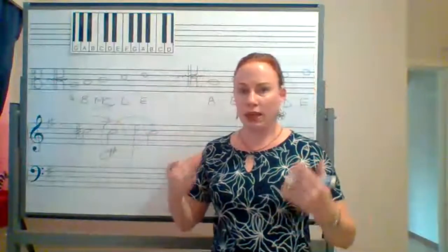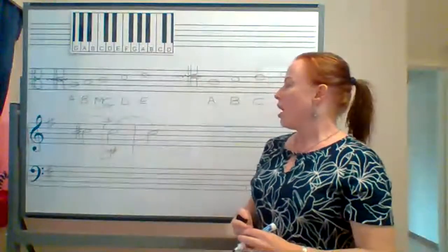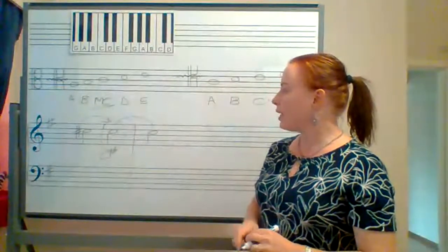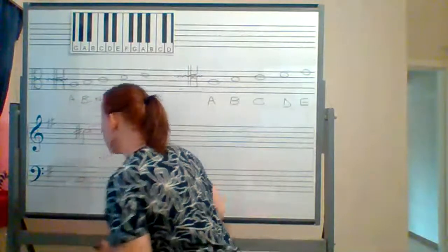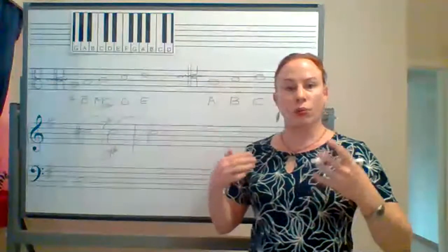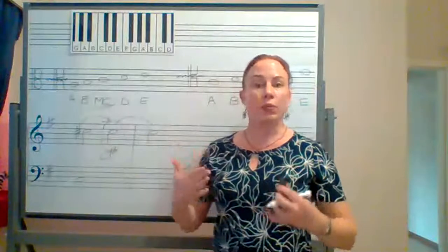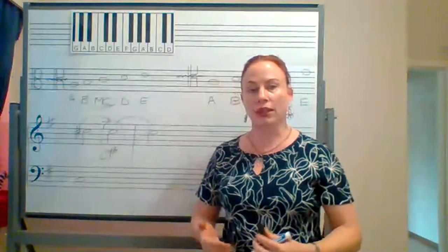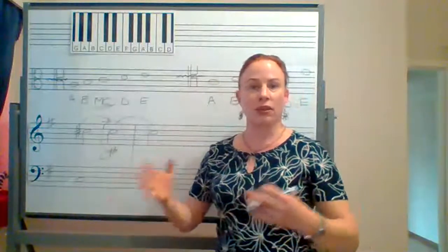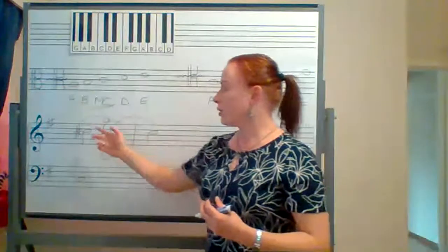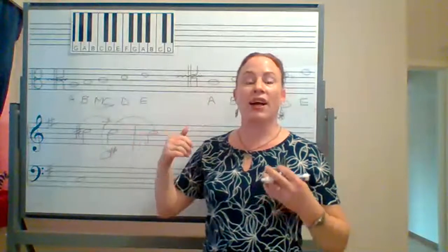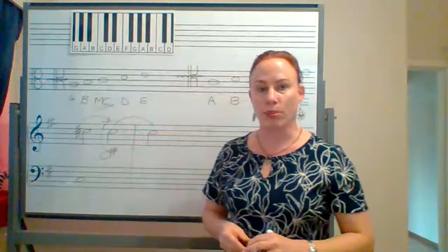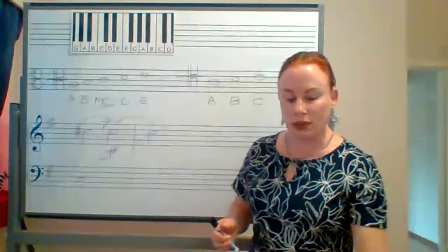If there isn't a tie, it would just be C. Then also say we had another C over here, and they've asked you what is the letter name of that note, it would only be C. Okay, so that's the difference between accidentals and your key signature. If I had a middle C here, that would just be normal C unless you actually sharpen it. Okay, so that's just something about your accidentals.